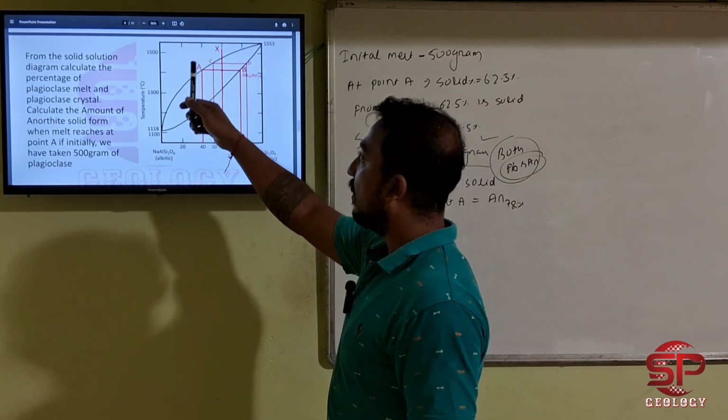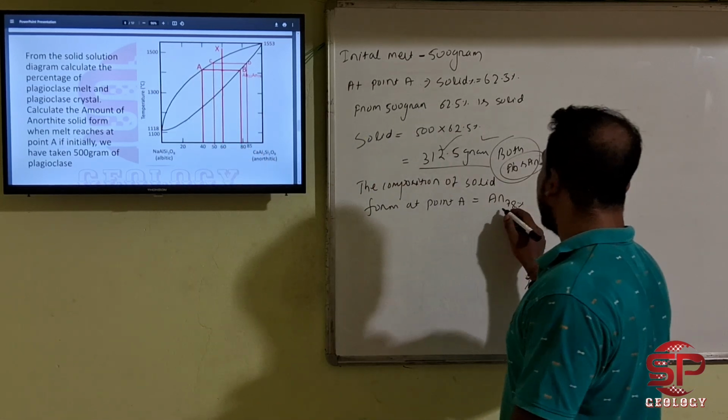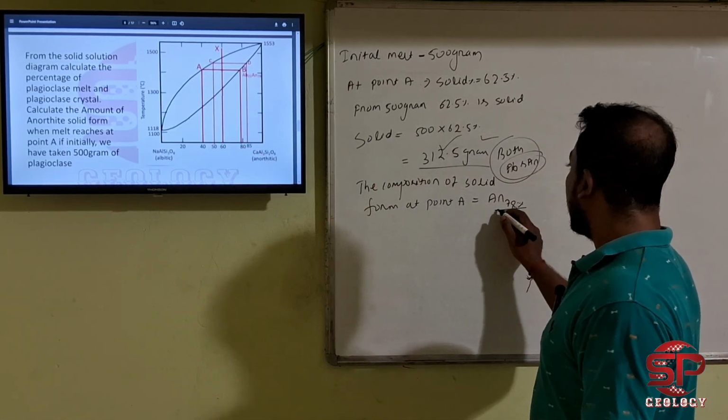So the solid formed at point A has 78% anorthite.